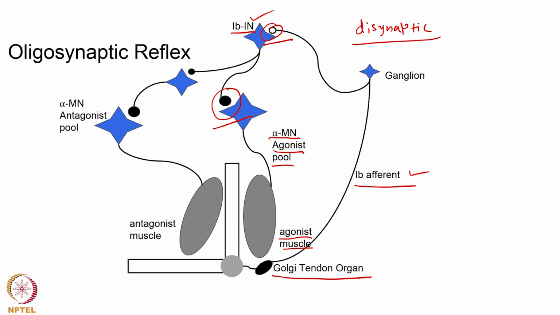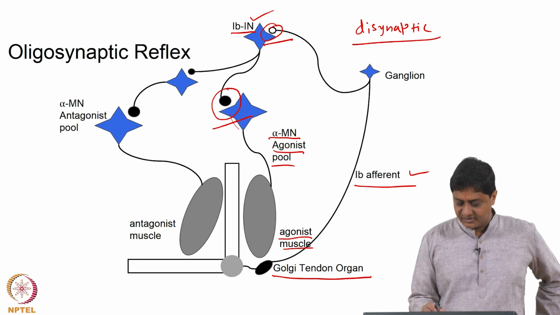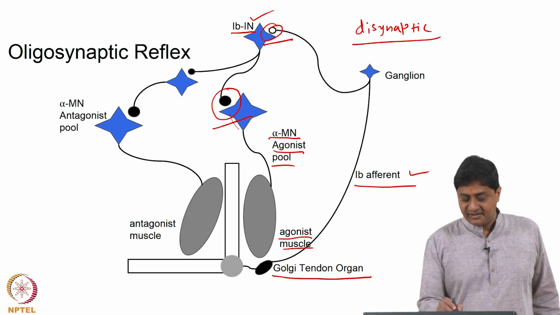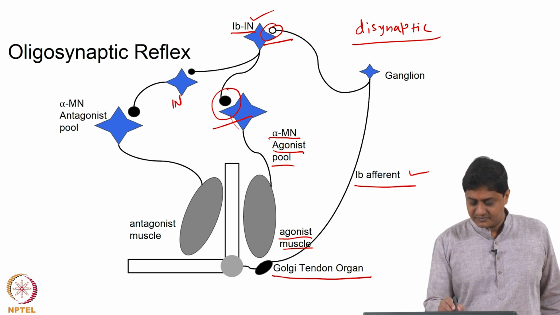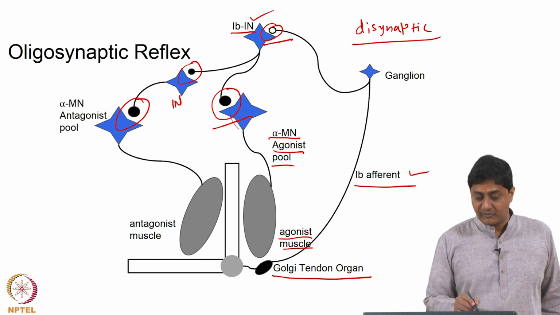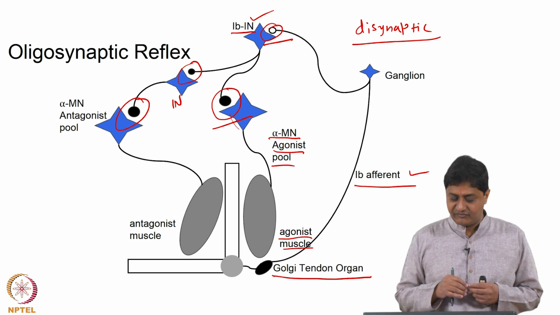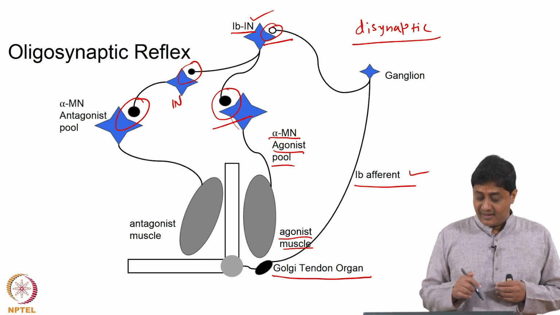Now, it inhibits the alpha motor neuron of the same muscle, but what it also does is it inhibits the interneurons which inhibit the alpha motor neuron of the antagonist, another layer of negative feedback. Now, what does this do?